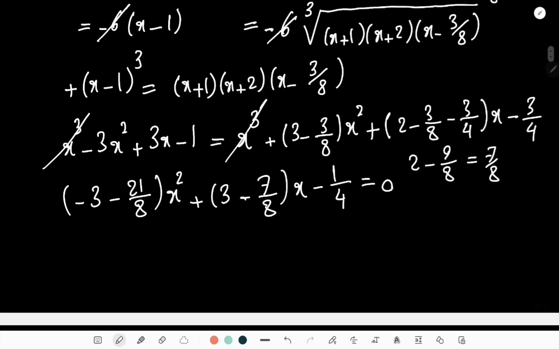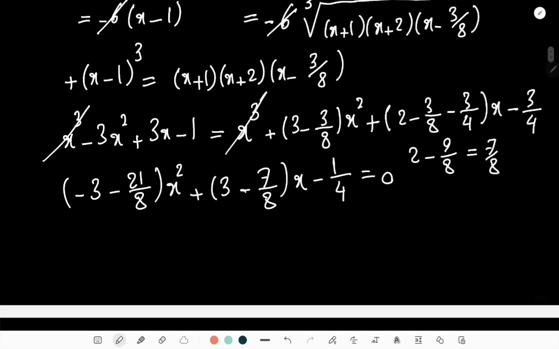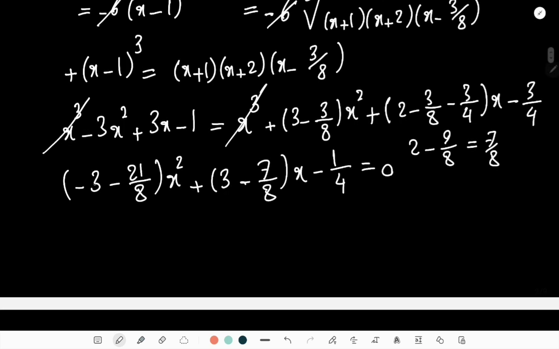And if I multiply both sides by 8, it will be further simplified. Then it will be minus 21x^2, then 24 minus 7, sorry, it will be 17.